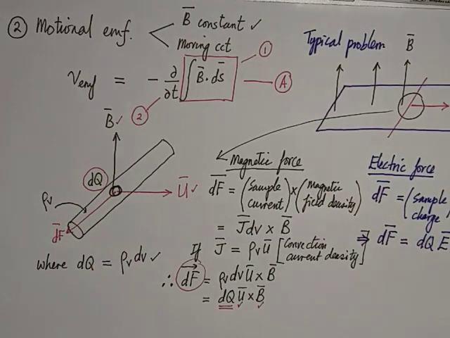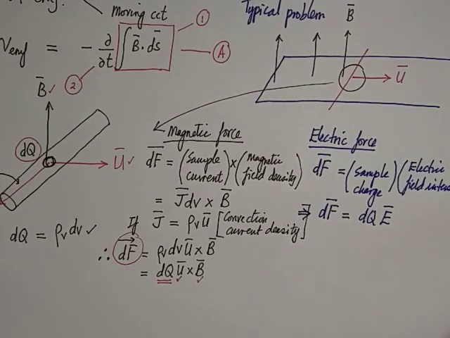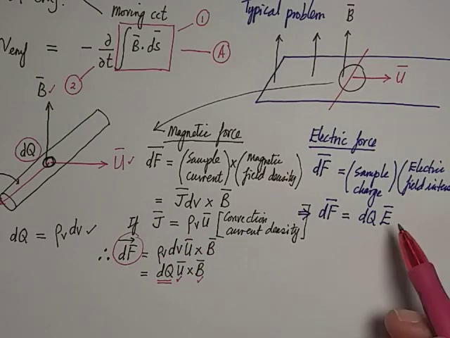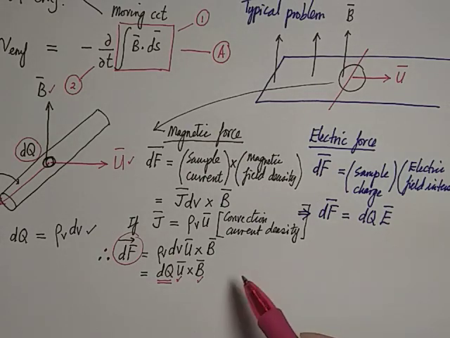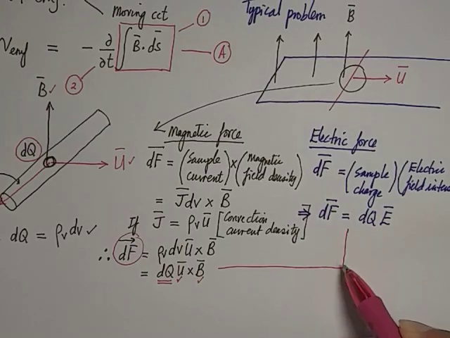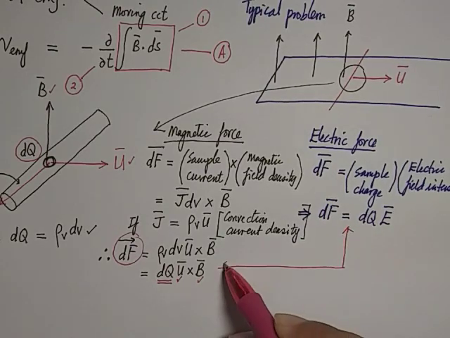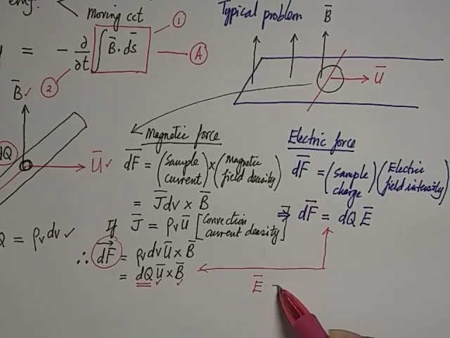Okay, so therefore this is what you observe. Now, mathematically, if I compare this equation, which we call the magnetic force equation, with the electric force equation, because they are both force, I can see mathematically that E can be equal to what?